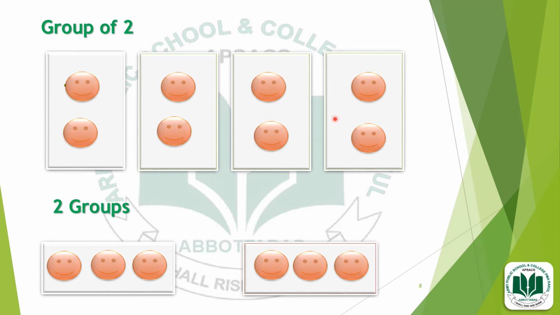As you can see, there are 4 groups and in each group there are 2 things. And the other point is 2 groups. Circle the 2 groups means you have to circle 2 groups. The number of things may be more than 2.